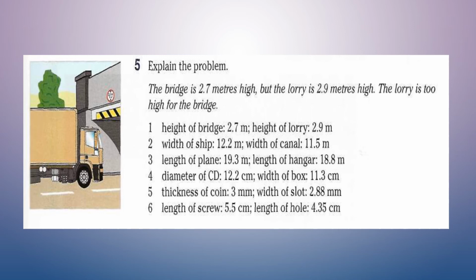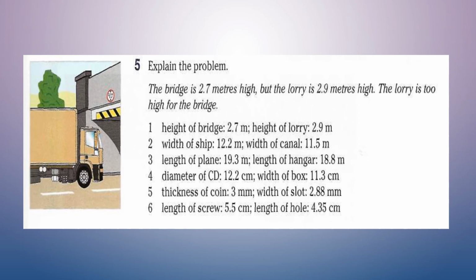Explain the problem. Here, there is a bridge, and we have at the same time a lorry. We want to compare the size of the lorry to the size of the path through which the lorry can pass. Now, look at the example sentence in your book.